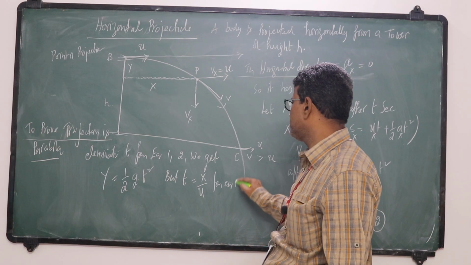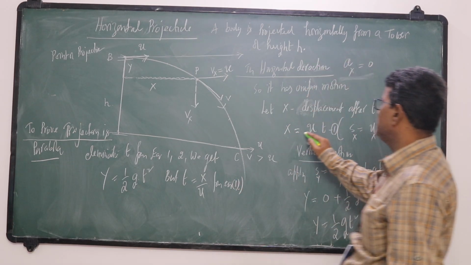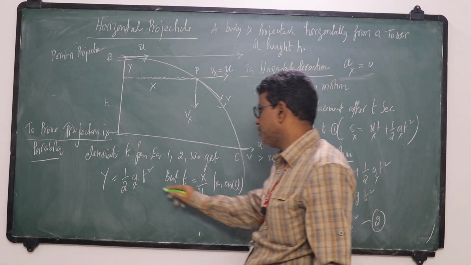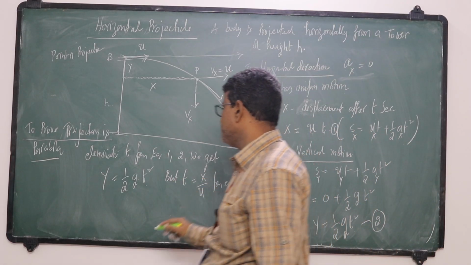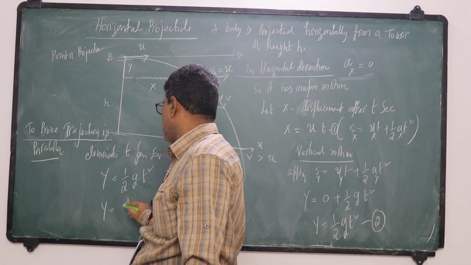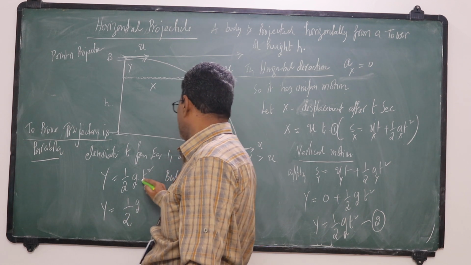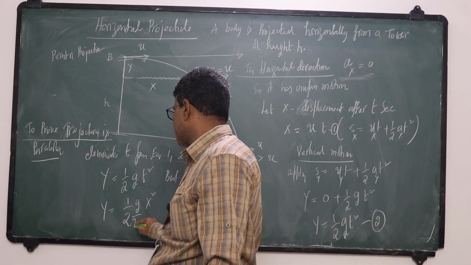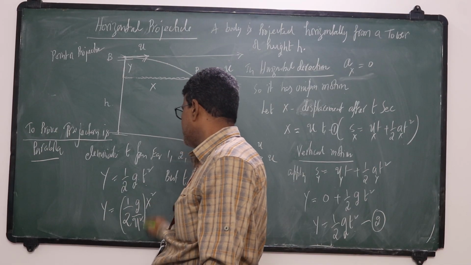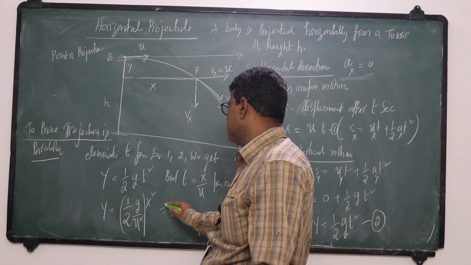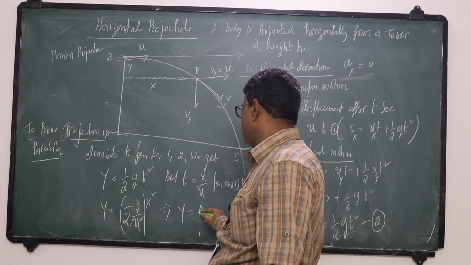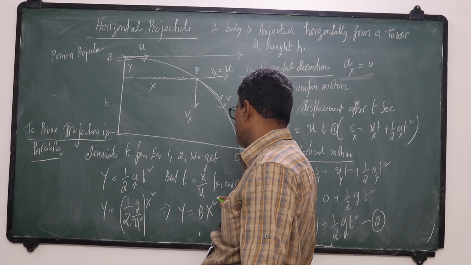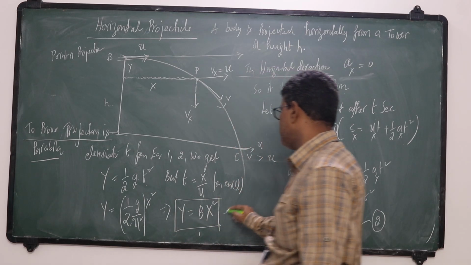Instead of t, I am substituting x by u. So I got half g into x square by u square. I consider this as b. So y is equal to bx square. This is the equation of a parabola.